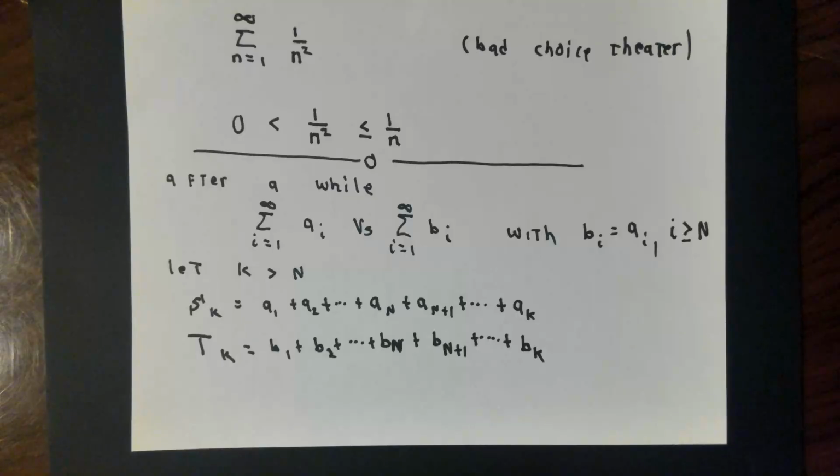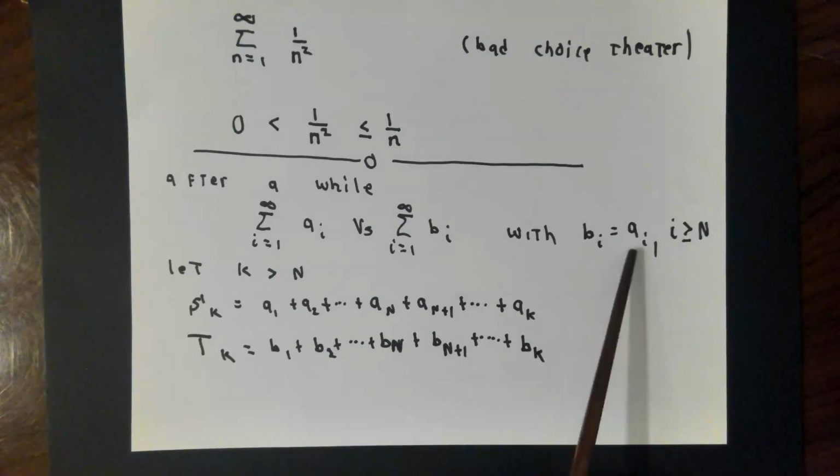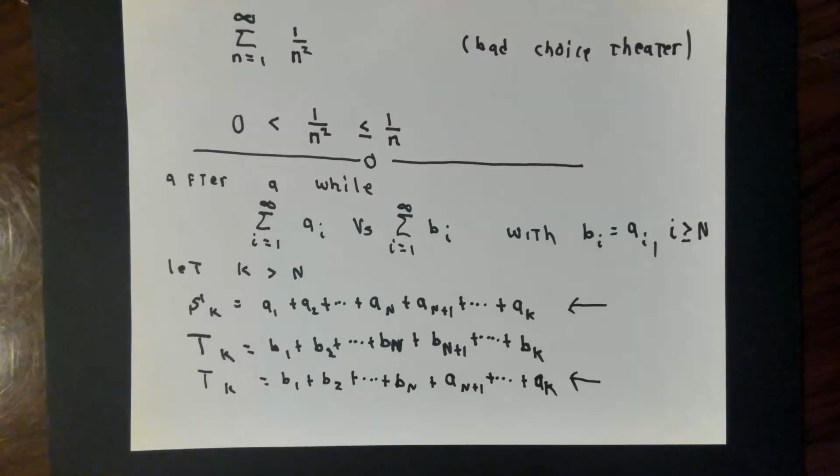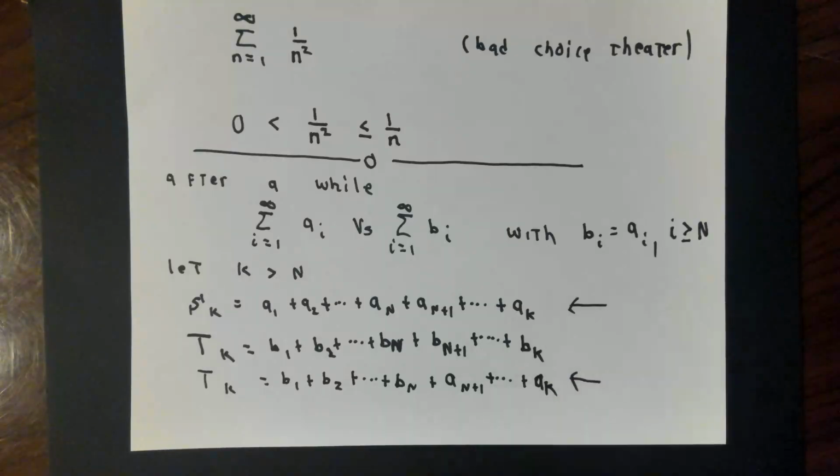In the situation that I'm thinking of here, though, if the index is capital N or bigger, the b number and the a number are the same. Taking advantage of that fact, I can write this formula down, and I'm going to think about this versus that.